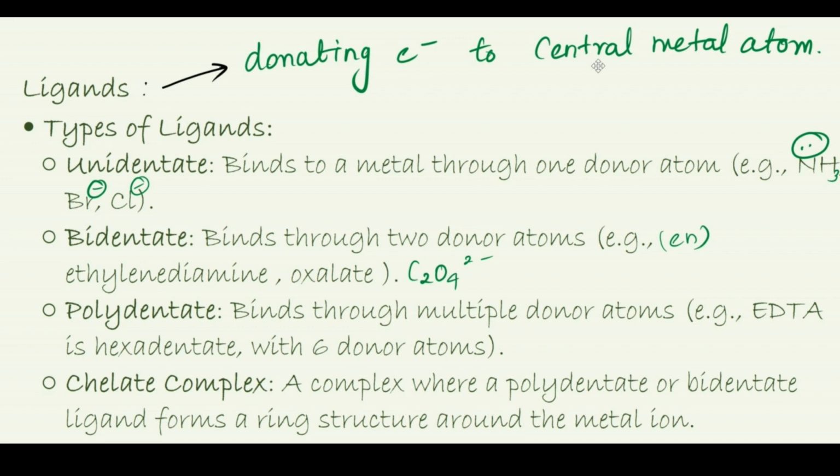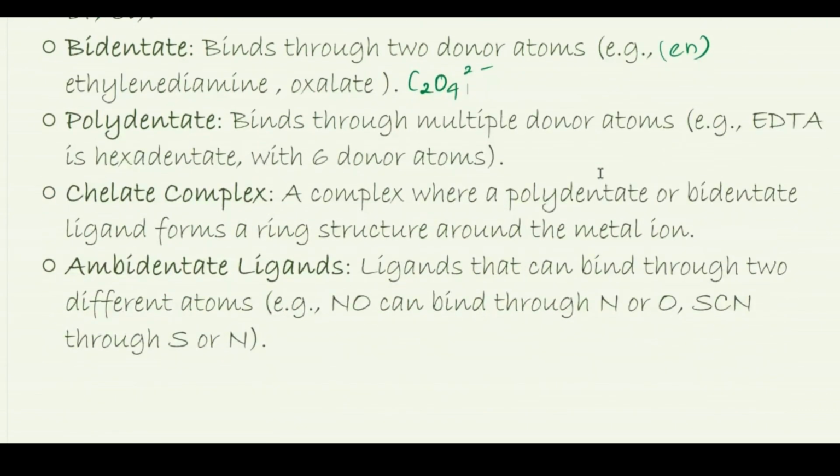The next type is the ambidentate ligand, the most important part. These are ligands that can bind through two different atoms, but one at a time. Here let's take NO. Nitrogen can donate, oxygen can also donate, but the donation happens from either side, not both at the same time.